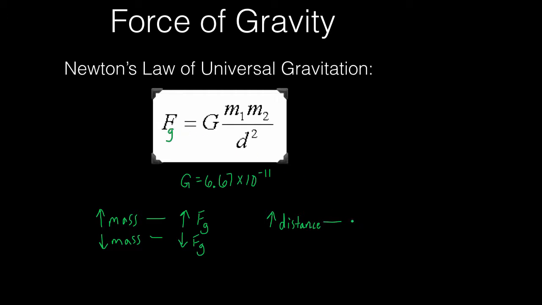So if distance increases between them, you're going to see the force of gravity between them go down. And just the opposite, if the distance between these objects decreases, so they get closer together, now we're dividing by a smaller number, which will make the force of gravity go up. And so as two objects get closer together, you're going to notice that the force of gravity becomes larger.